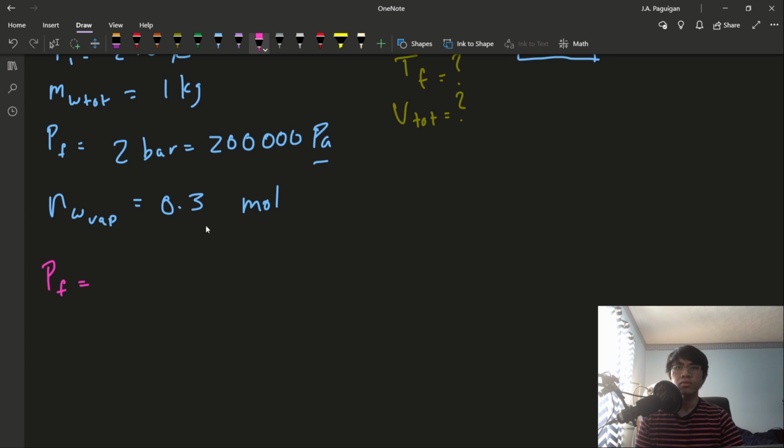So high temperatures, low pressures. I mean, this is a relatively low pressure, so that's why we're going to use the assumption of ideal gas law. But so let's just keep on going what we're doing.